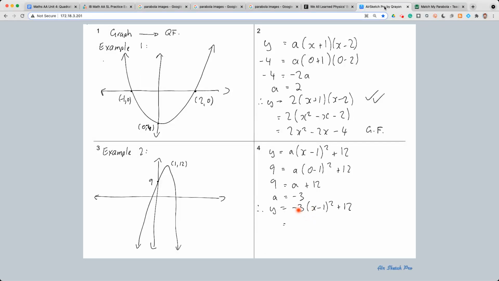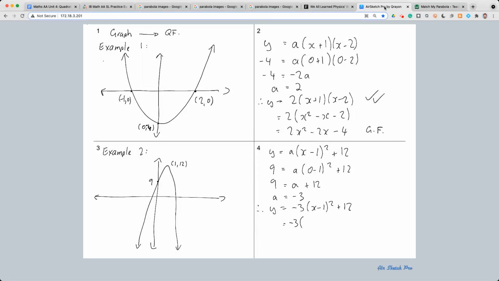Never ever multiply the number outside the bracket inside the bracket while there's a square or a cube or whatever here. Number one, it doesn't work. Number two, BEDMAS says you have to deal with powers before you can deal with multiplication. So you would in fact get the wrong answer by multiplying out by negative 3 first.